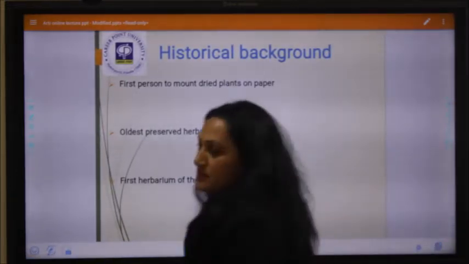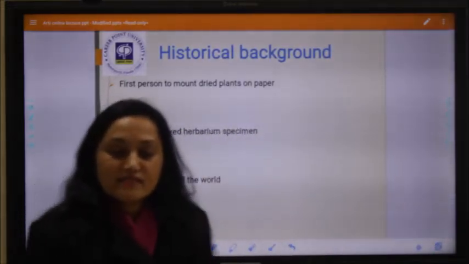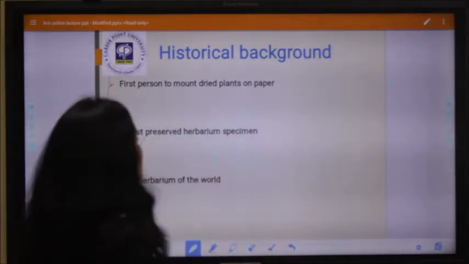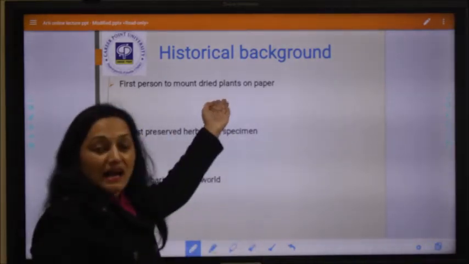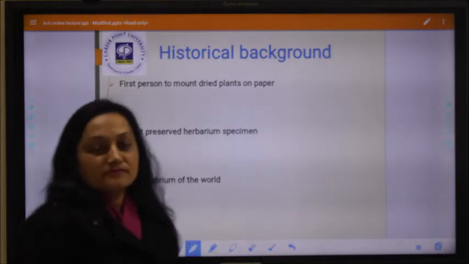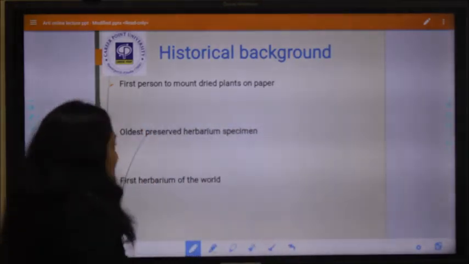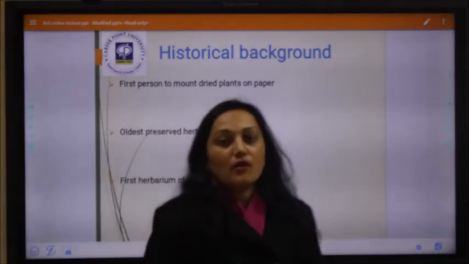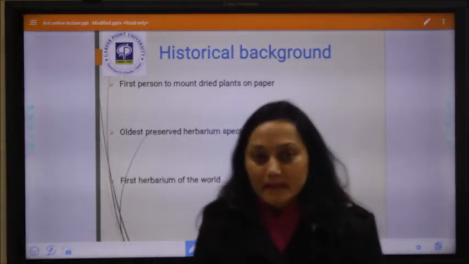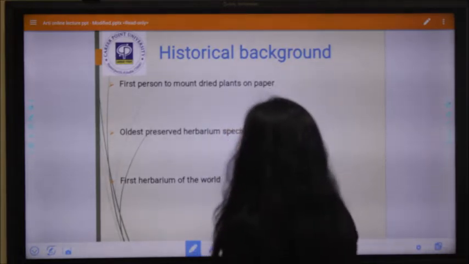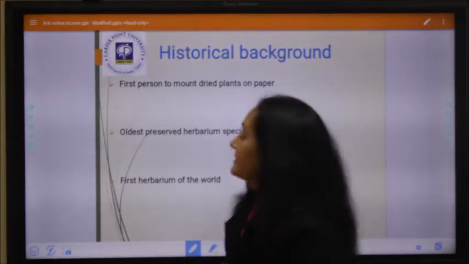Okay, now tell me, who is the first person to mount dried plants on a sheet of paper? Yes?